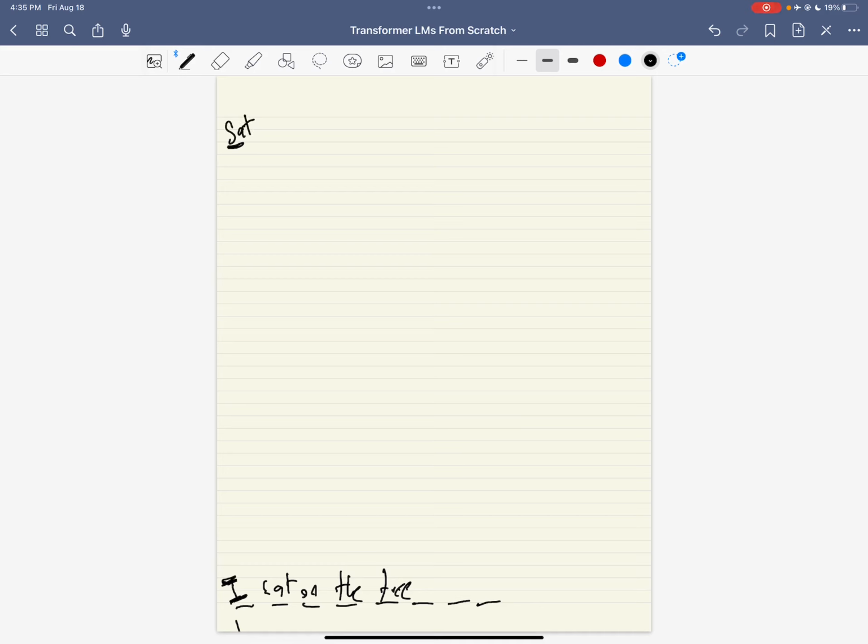In the second time step, we have access to I and sat, and we try to predict the word on. In the third time step, I sat on, and we try to predict the word the, and so on. The official name for what I'm about to explain is causal masking. So when we're training a language model with 100 input words, we're actually making 100 predictions so that we can learn as much as we can from this single input.